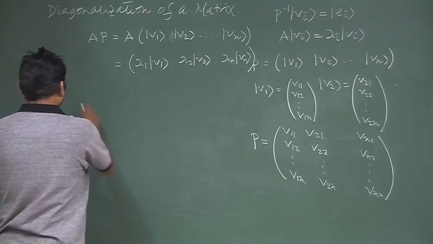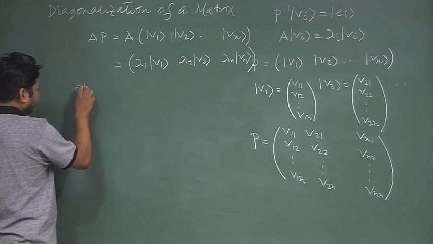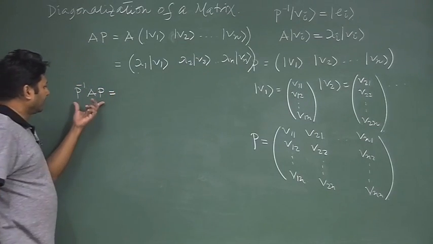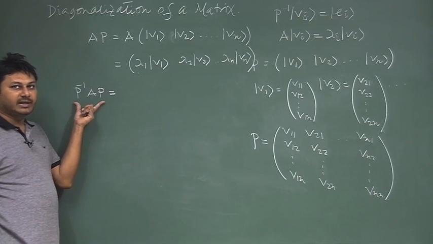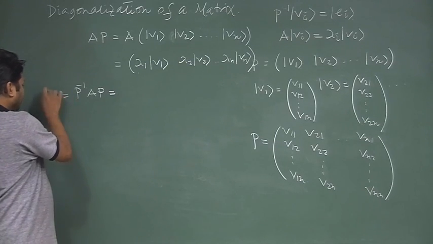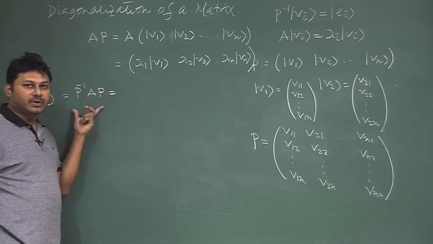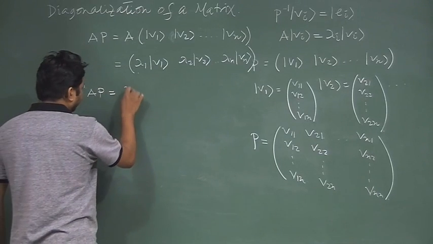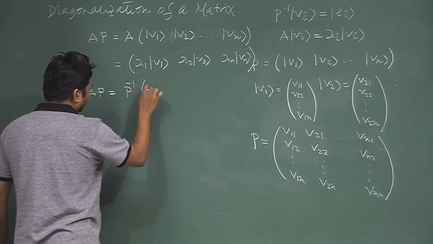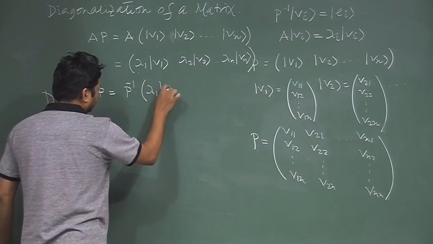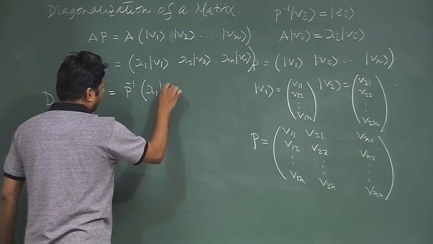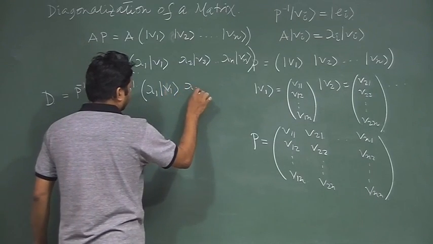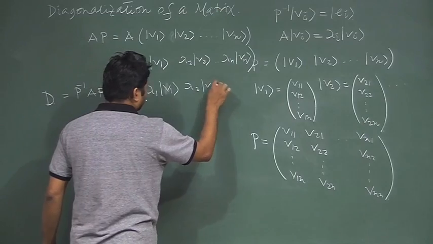Now, I operate P inverse over AP, because this I define as my diagonal matrix D. If I operate these things, then what happens? P inverse will be operated over lambda 1 V1, lambda 2 V2, and so on.